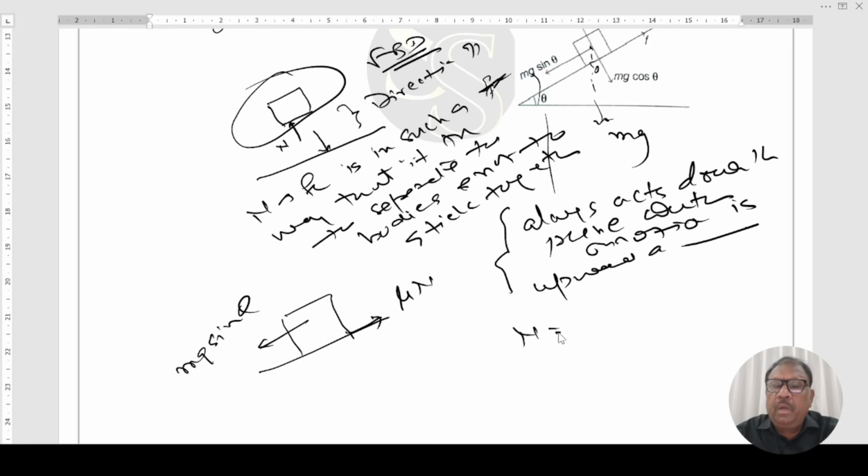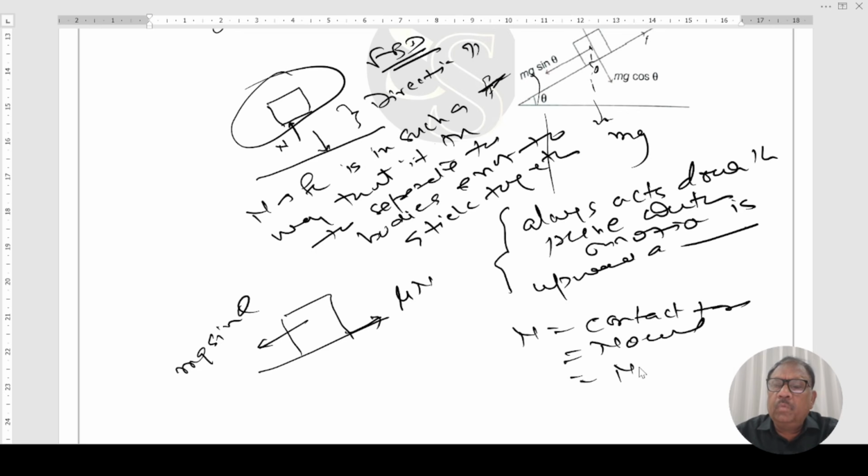What is N? N is the contact force or normal, and in this case N will be equal to mg cos theta.